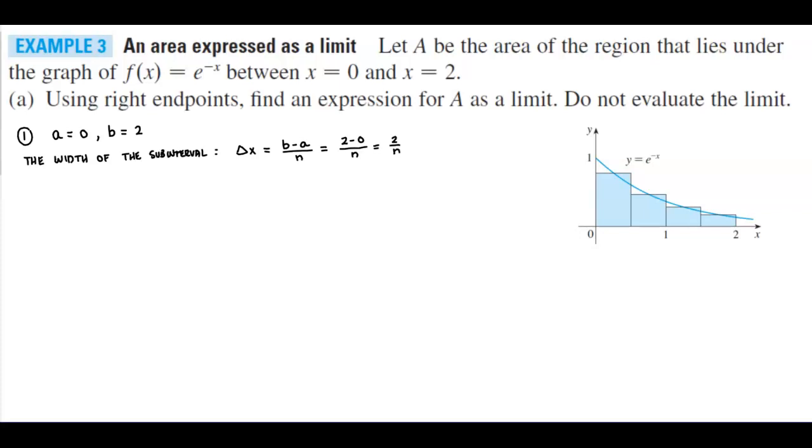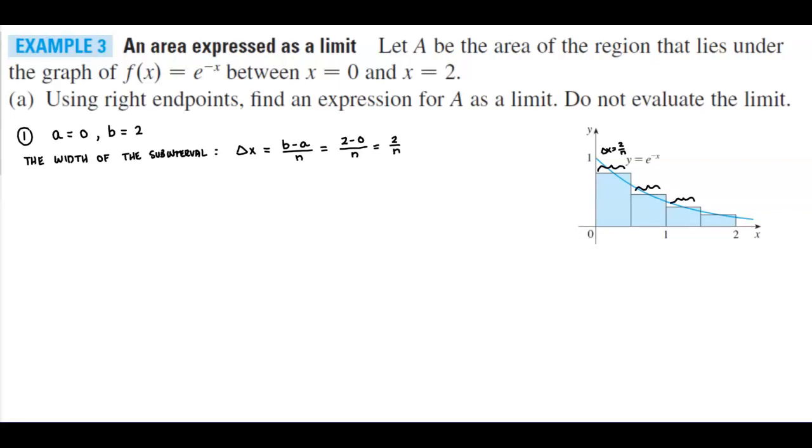So what does that tell us? Well, that tells us that the width of each rectangle, which is delta x, is equal to 2 over n. And that's for each one of the rectangles that we have.